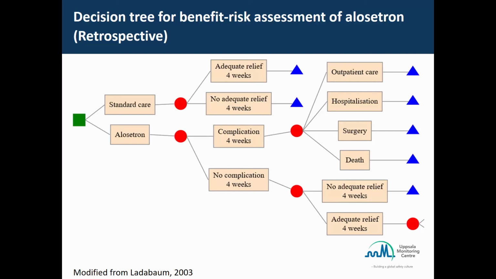The alternative, so in this case alosetron or standard care, that has the highest so-called expected utility, which is the probability weighted sum of the utilities that are considered for that alternative, is the one that's considered the preferred one.